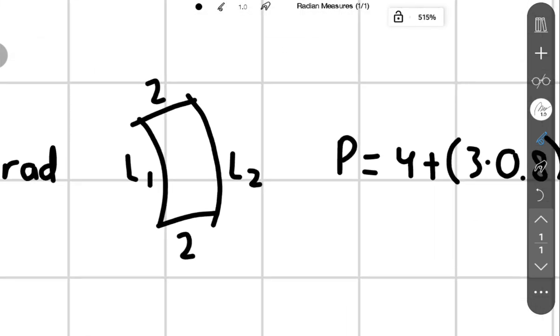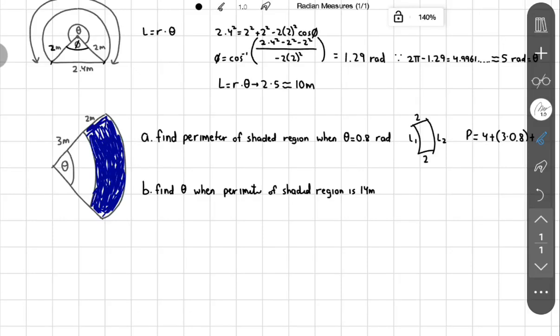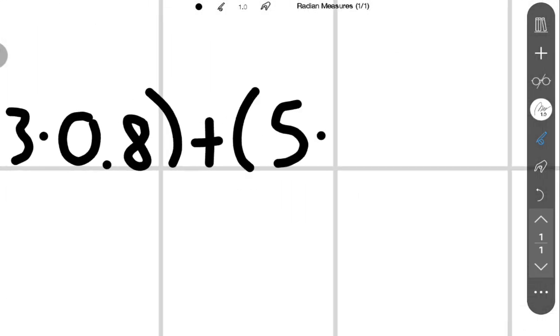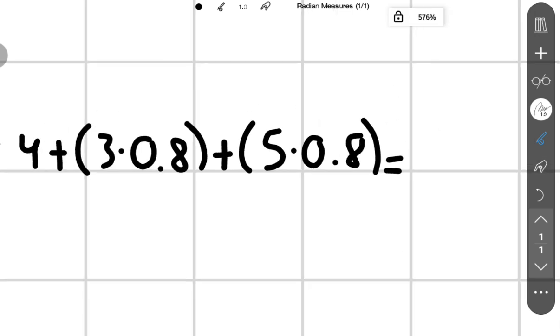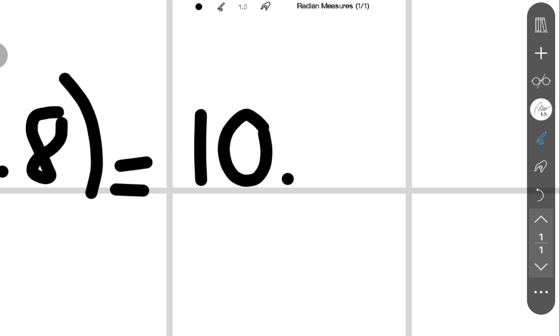Let me go to the original drawing, the big one here, and it's caused by a radius of 5 meters, because of the sum of these two. So it will basically be 5 times 0.8. So that will be equal to 10.4 meters.